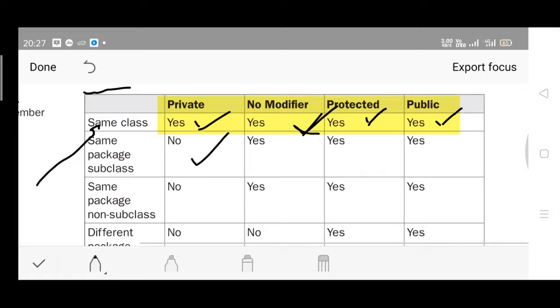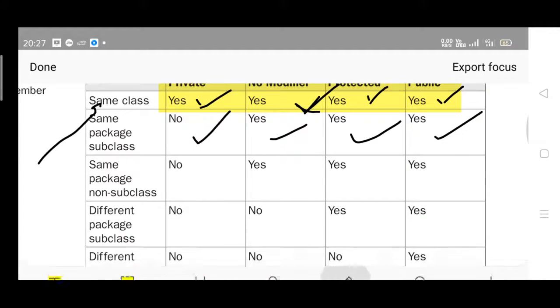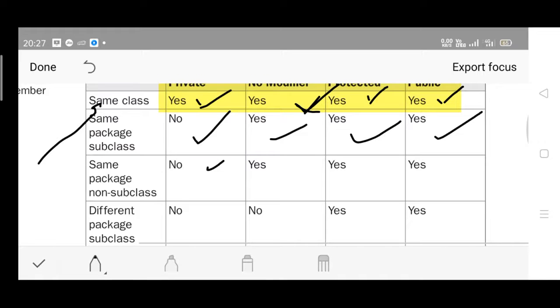Then no modifier, the default member, is inherited, so it is accessible. Protected is accessible. Public also is accessible. Same package non subclass is also the same: private members are not accessible, no modifier means it is accessible, and protected and public are obviously accessible.